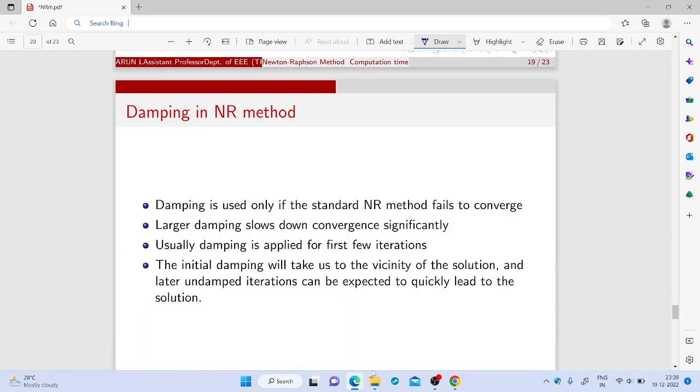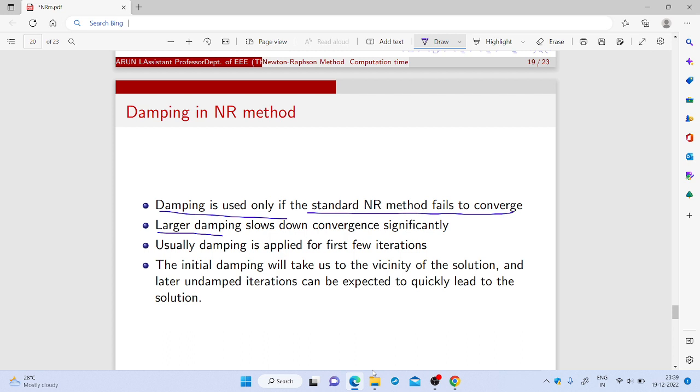But what are the effects of doing damping? Damping is used only if the standard Newton-Raphson method fails to converge. Otherwise, there is no need of doing damping. If the standard method fails to converge, you can use damping and try. A larger damping may slow down the convergence significantly, and usually this damping is applied for the first two or three iterations, the first few iterations.